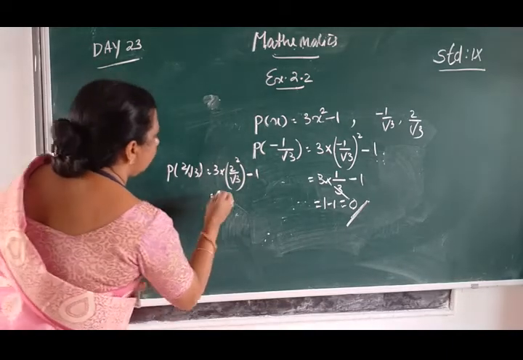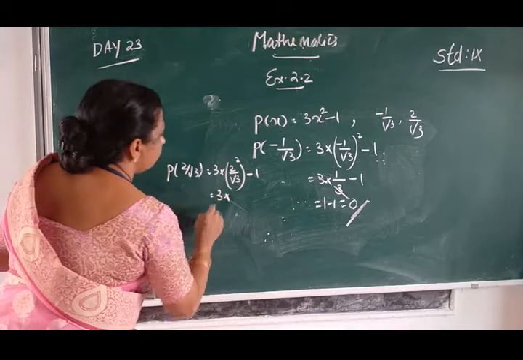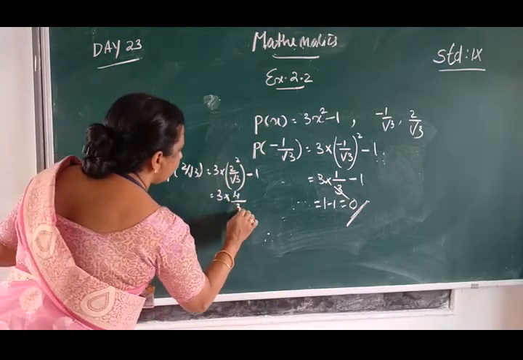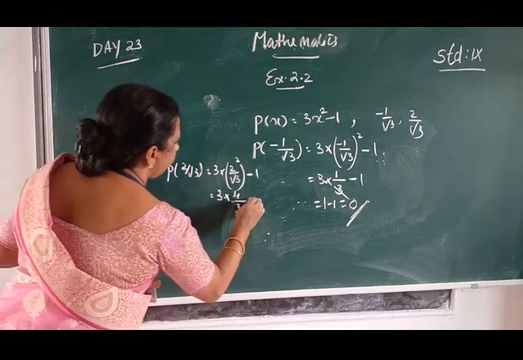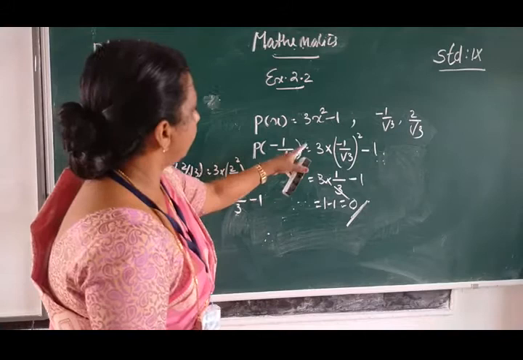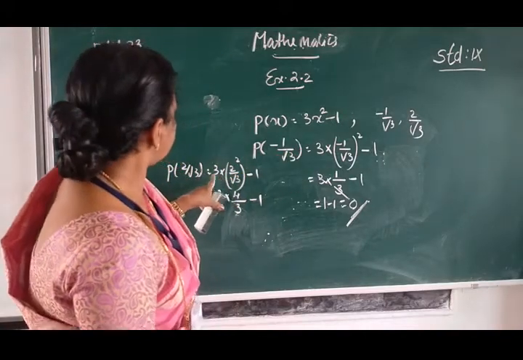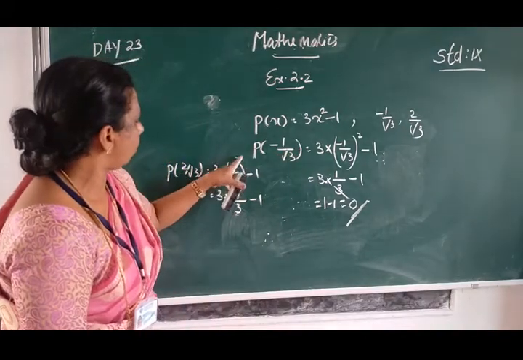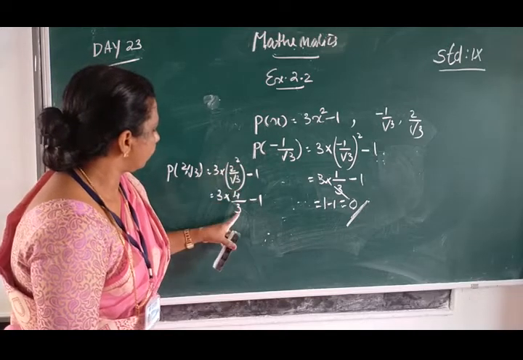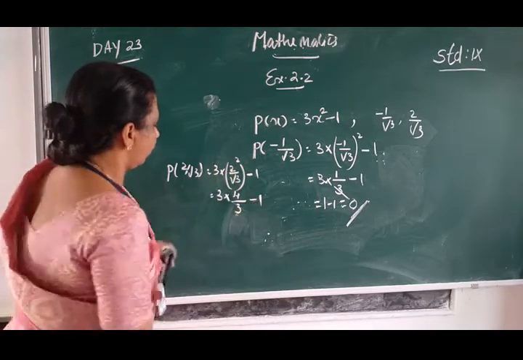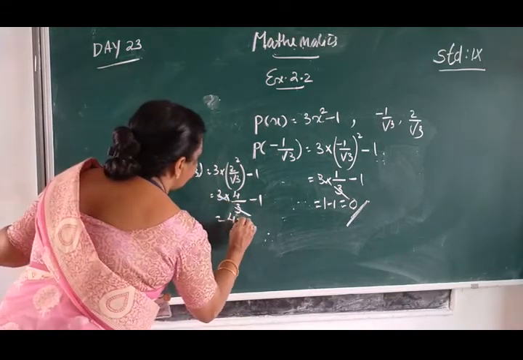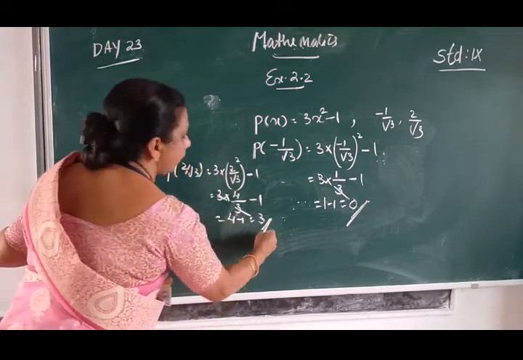That's equal to 3 into 2 square, 4, by root 3 the whole square, 3, minus 1. We get the 3 cancelled, we get 4 minus 1, that is equal to 3.